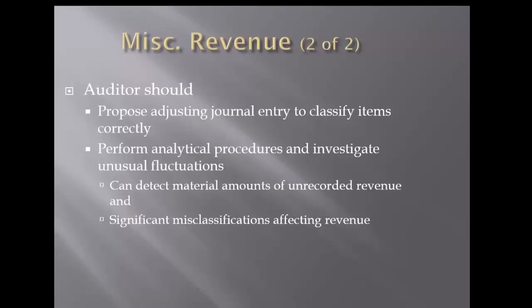Now, an example that I can give you is when I was conducting an audit of one of the organizations that I was associated with. The organization was actually reporting as other revenue rebates that they were receiving from manufacturers based upon the purchase of specific sales volumes.